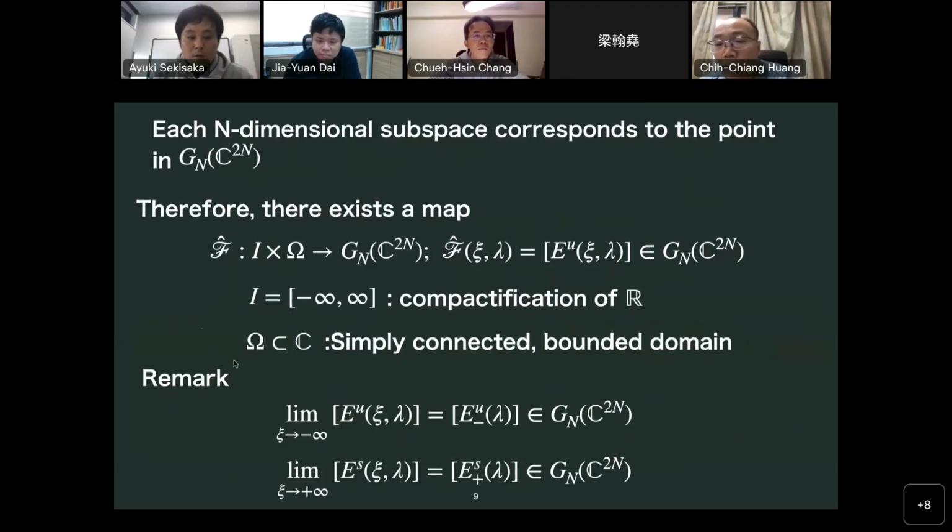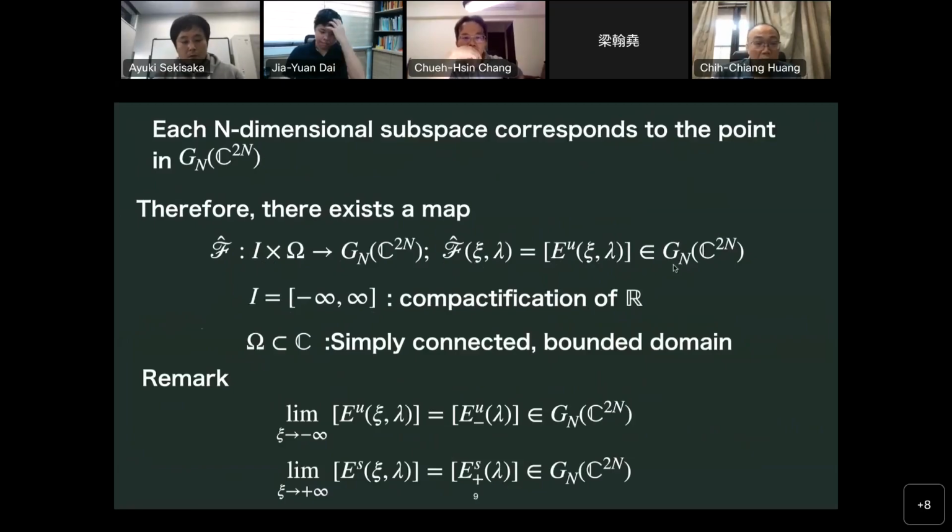We can take xi in I and lambda in omega. There exists a map where (xi, lambda) maps to the unstable subspace, which is a point of the Grassmannian manifold.